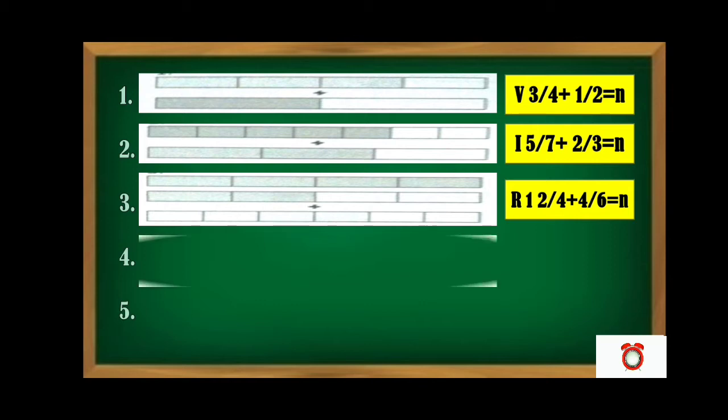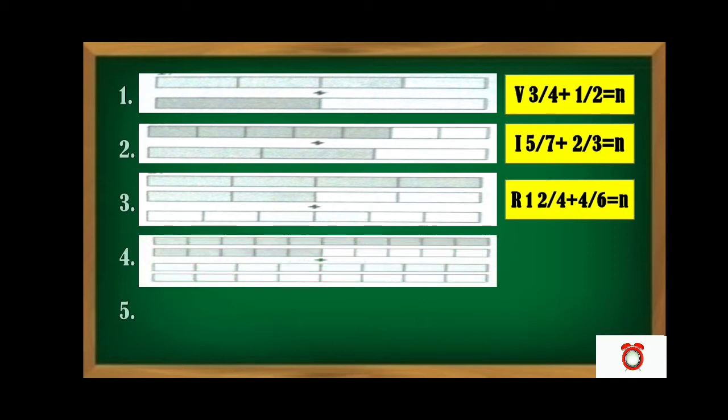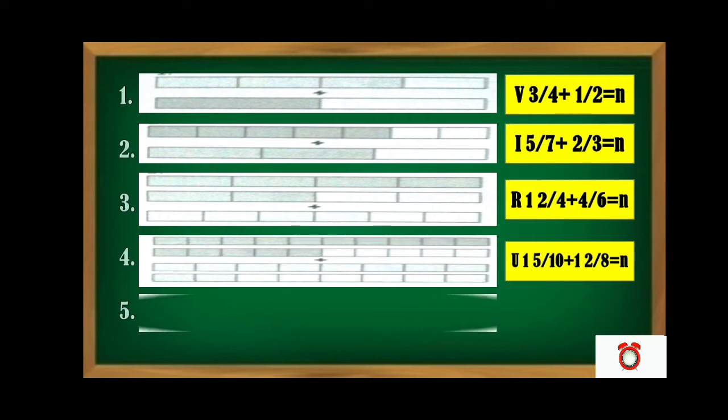Number 4. The correct answer is U, 1 and 5/10 plus 1 and 2/8 equals n. And number 5.